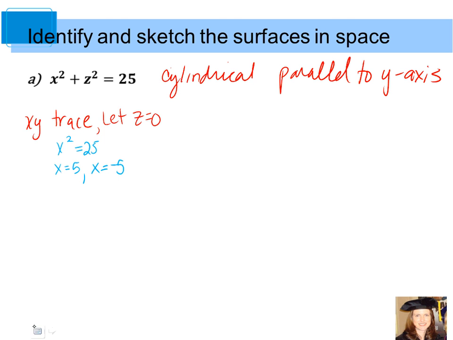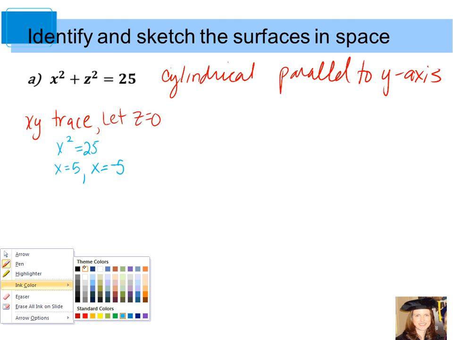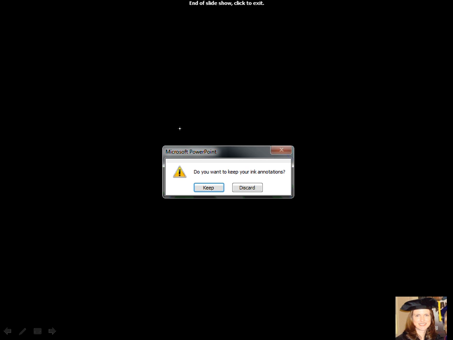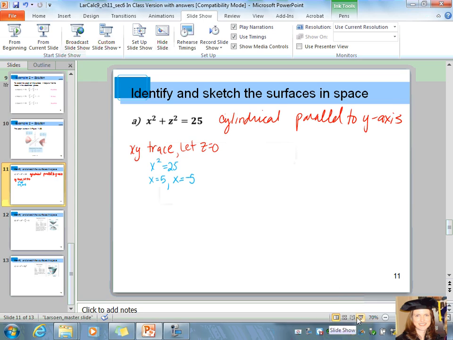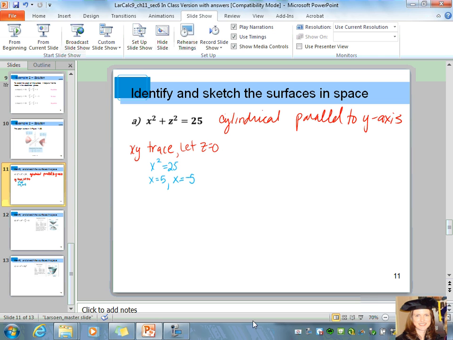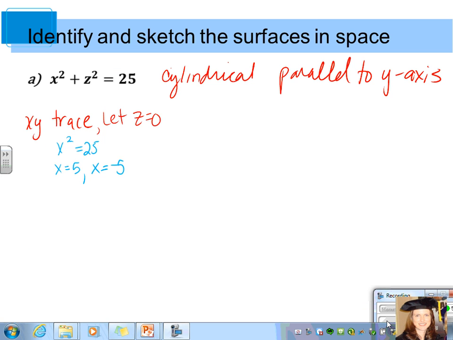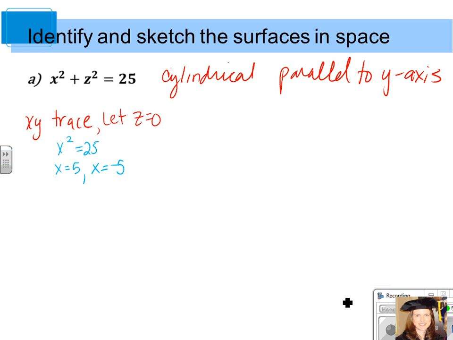What that looks like on a two-dimensional graph is we're going to draw the x-axis and the y-axis in our traditional way before we looked at three-dimensional graphing, x and y.